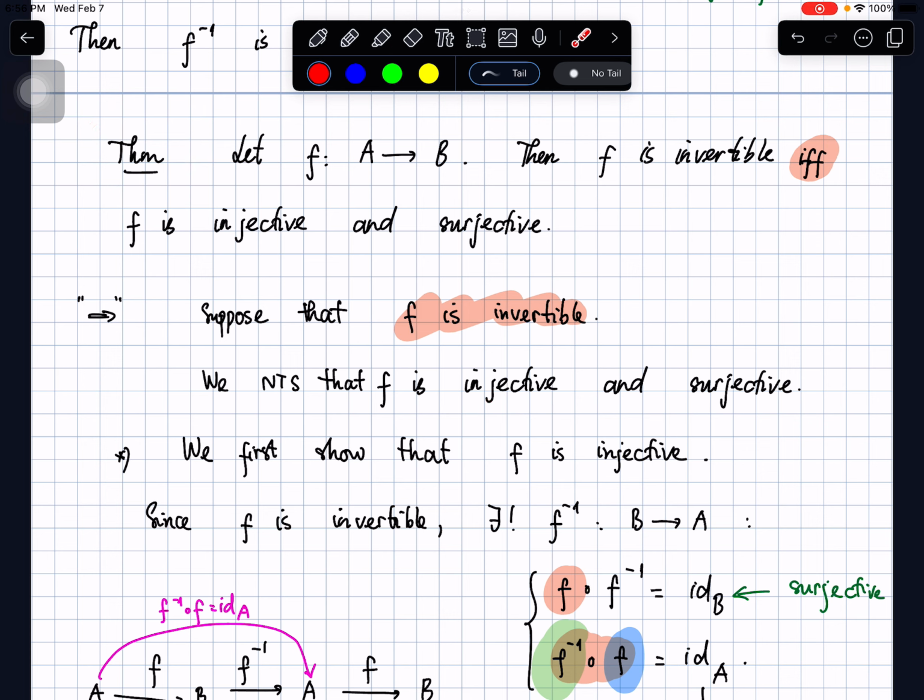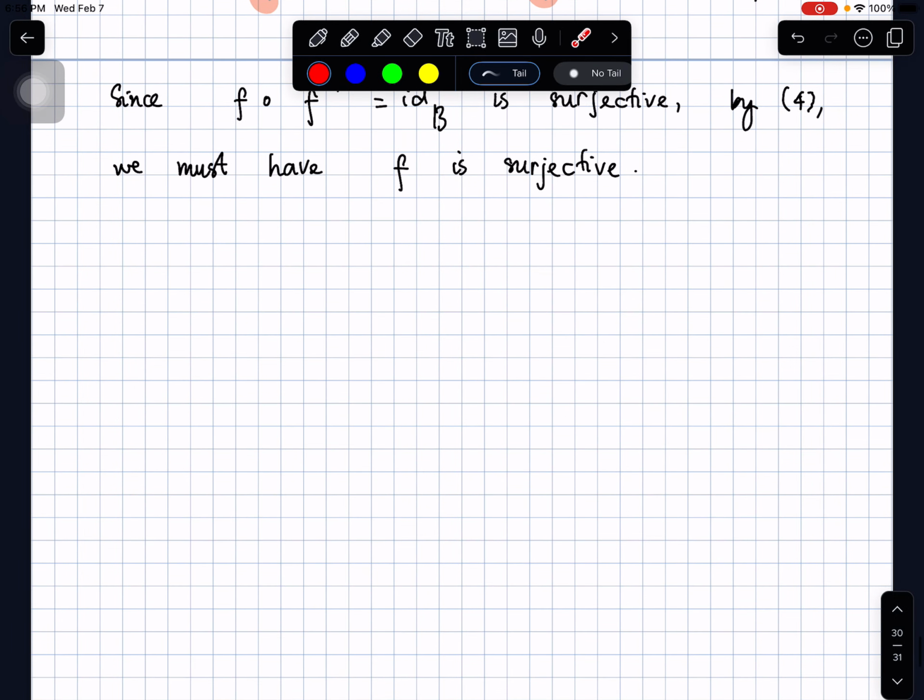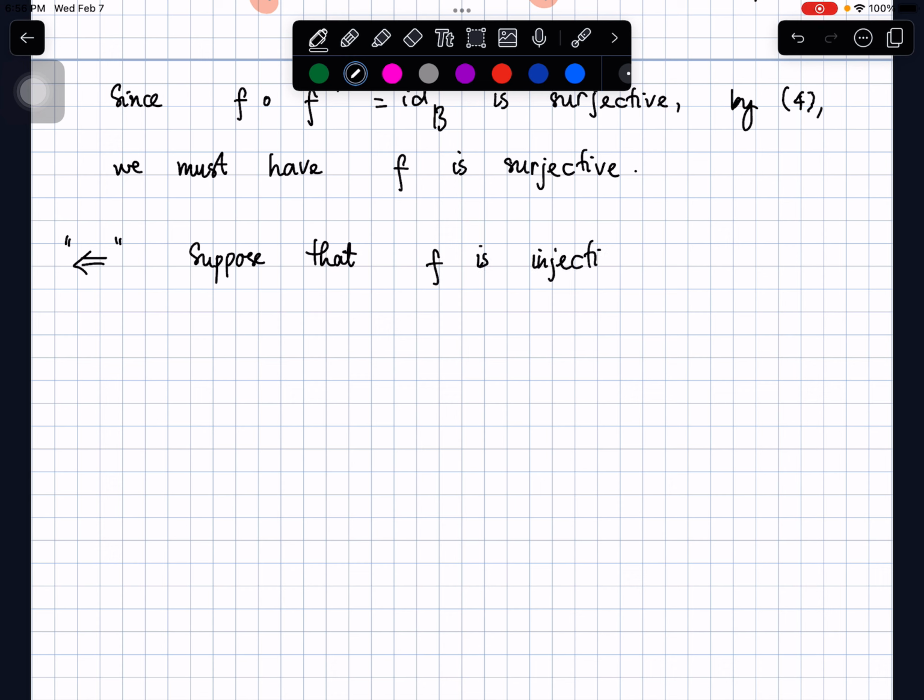Okay, now we need to prove the other direction. Now assume that f is injective and surjective, and we have another term to say that f is bijective. We need to show that f is invertible.